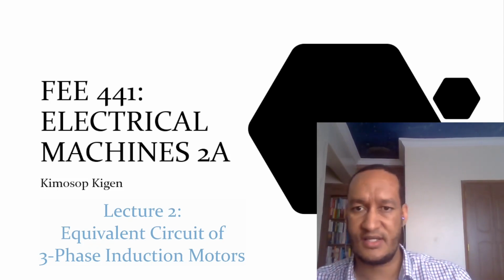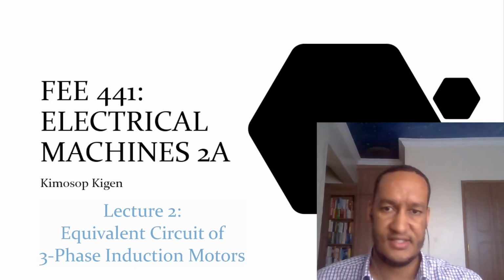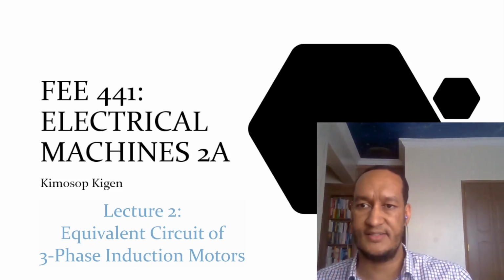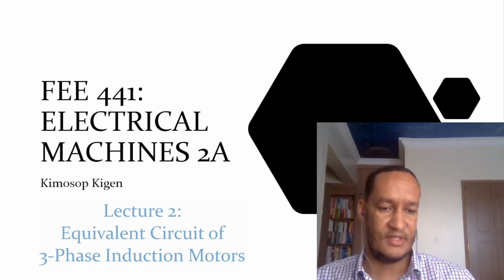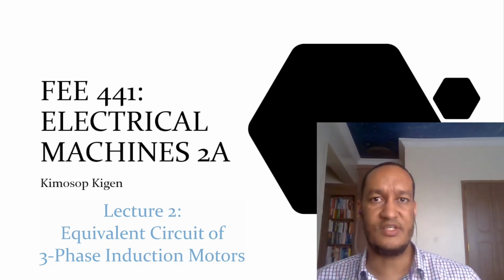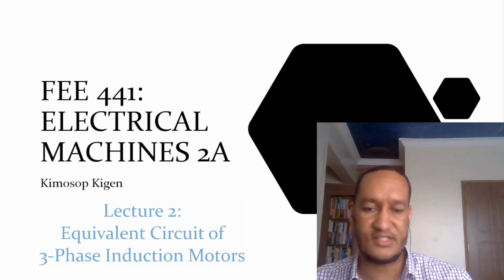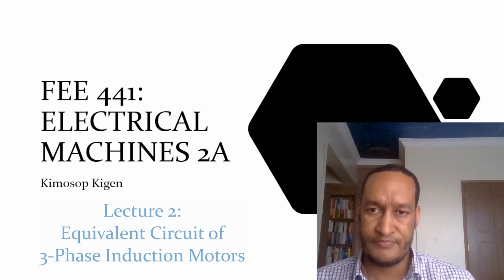We will be covering the equivalent circuit of three-phase induction motors. Just as a recap, we talked about three-phase induction motors last time, and we mentioned that the key principle of operation was the rotating magnetic field.